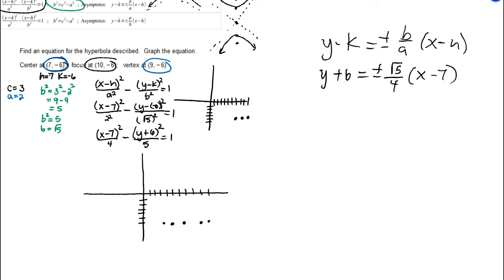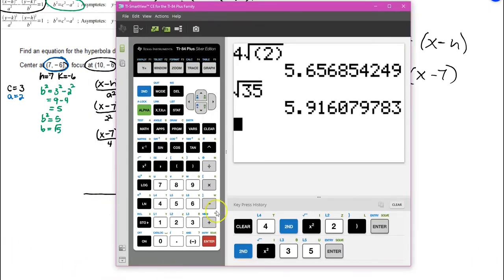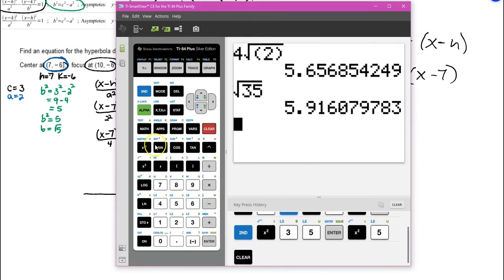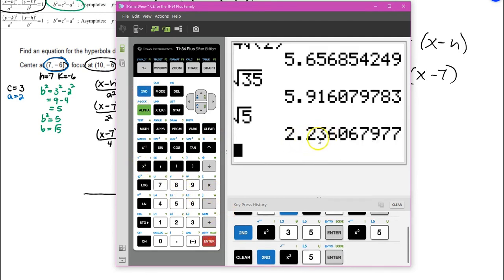So those are the equations of our two asymptotes. And you see we needed b to be able to define those asymptotes. I also need an approximation for the square root of 5 to be able to sketch this. The square root of 5 is approximately 2 1/4.